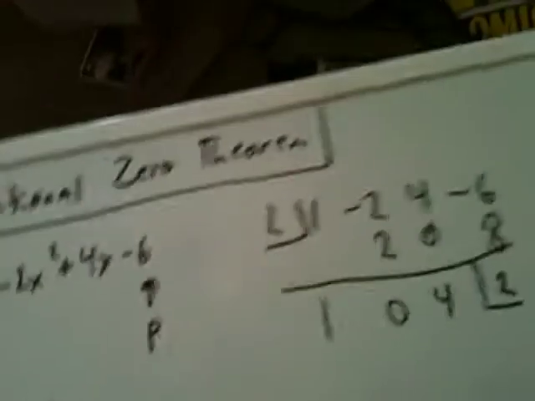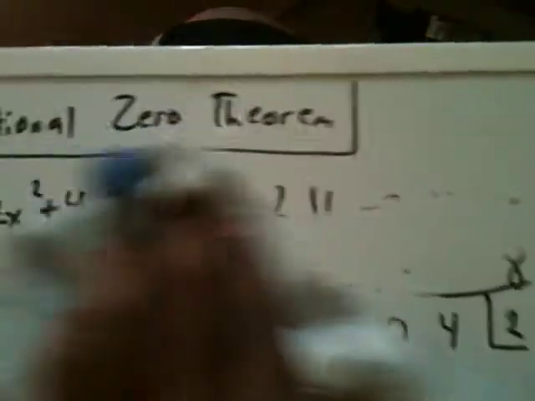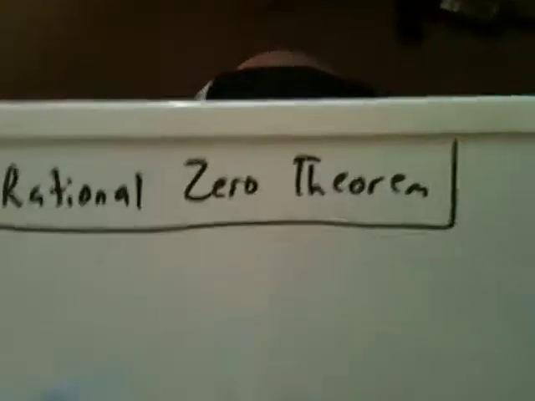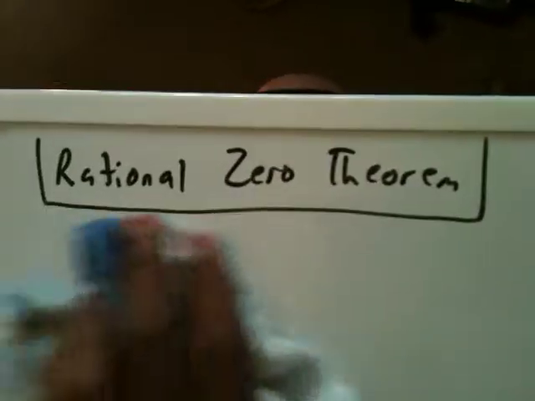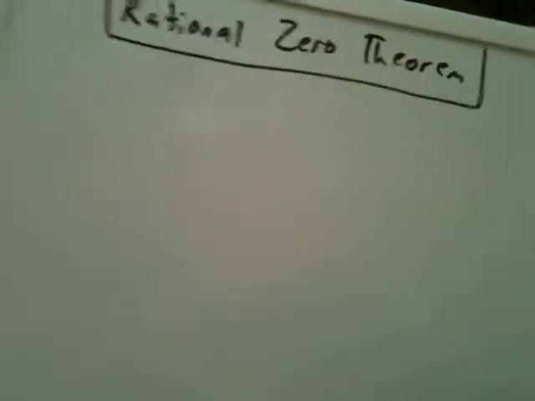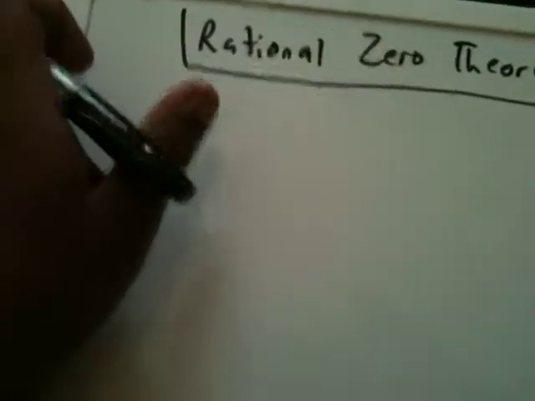Now, let's do another one of finding possible candidate zeros. And it's a tricky one because when a is not 1, it gets really hard. So, I'm sorry.